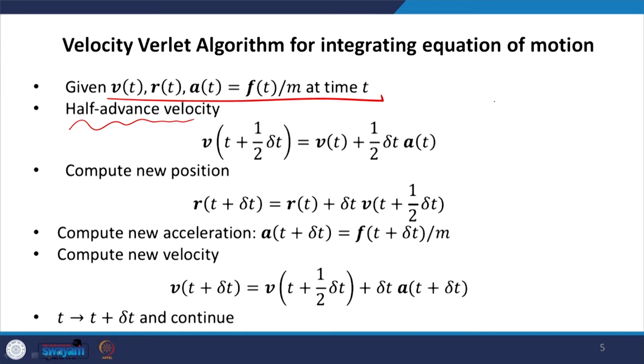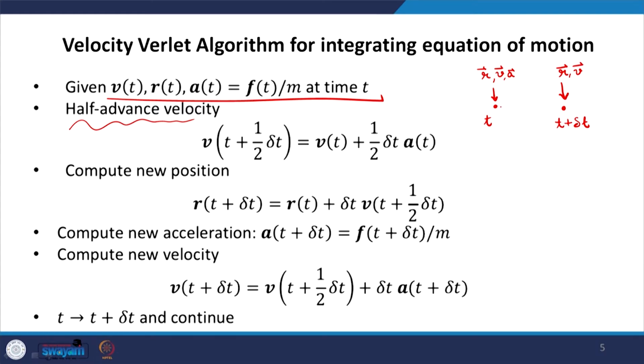That means, if I have the initial time point as t and the new time point as t plus delta t, the objective is that I know the position, velocity, acceleration here, and I want to find the position, velocity here.